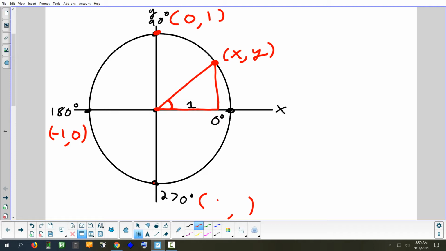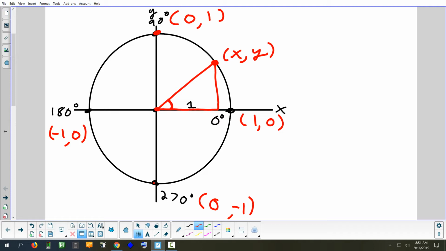Yep. And I think Isaiah said this one earlier. The coordinate for 0 degrees, which is also the same as 360, is 1, 0. So that's 4 angles that we now know the coordinates for. Any questions on how we got those 4?